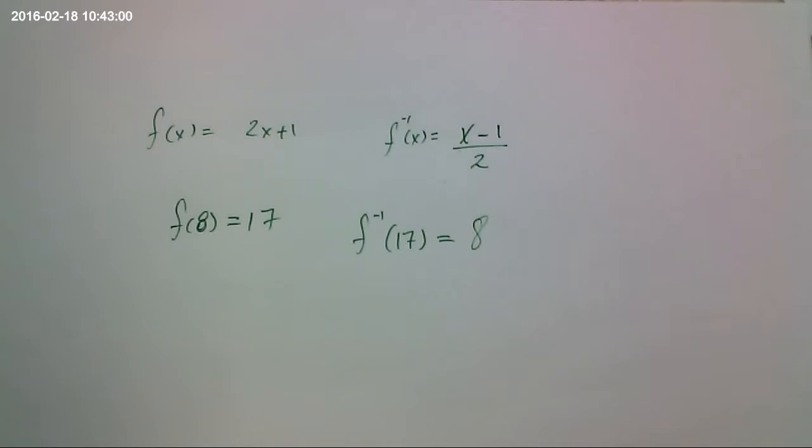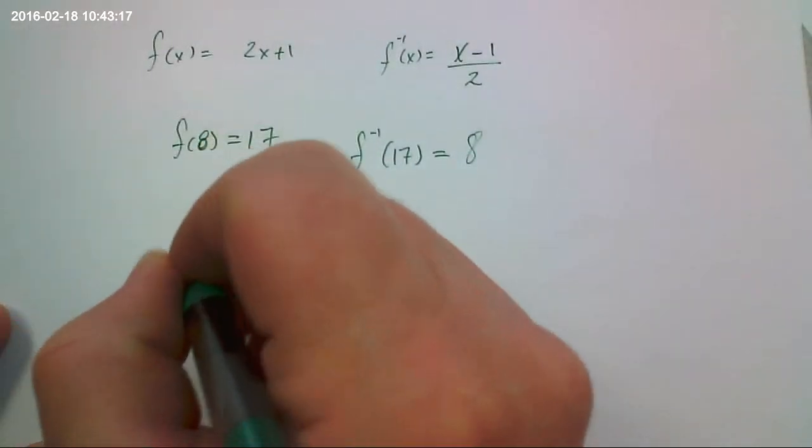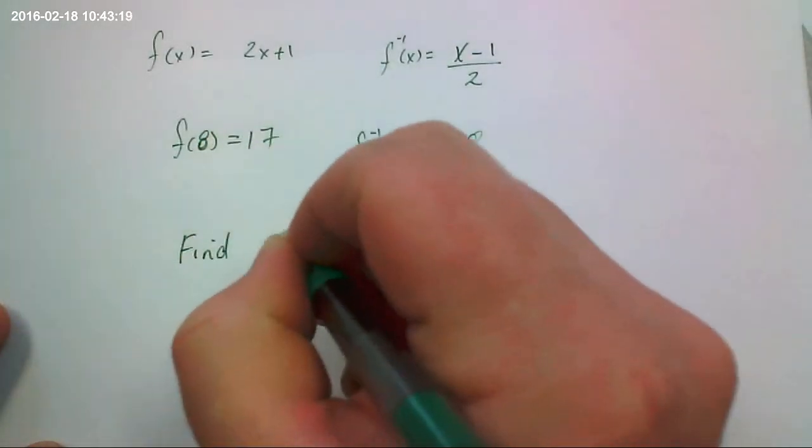If we were given f of x equals 2x plus 1 and it tells us to find the inverse, how do we do it? I am so glad you asked that. He asked basically, how do you find an inverse function?